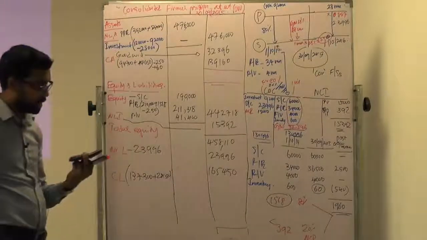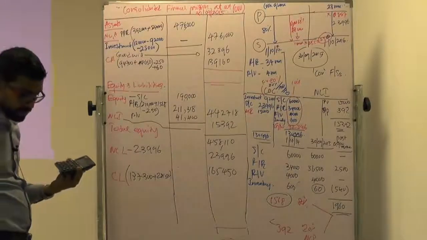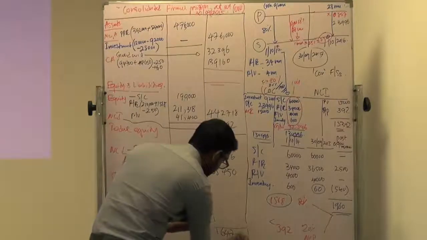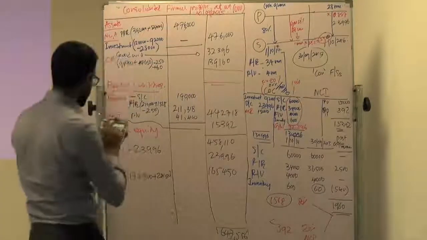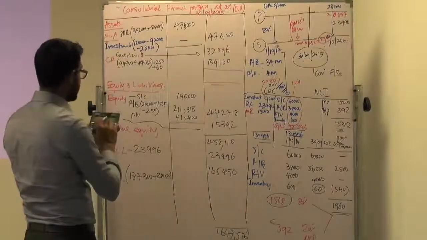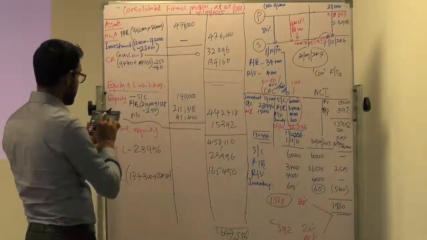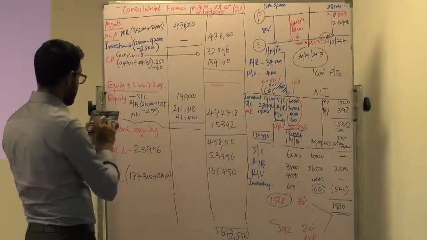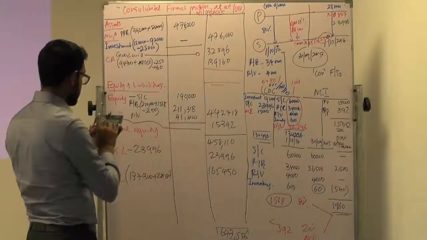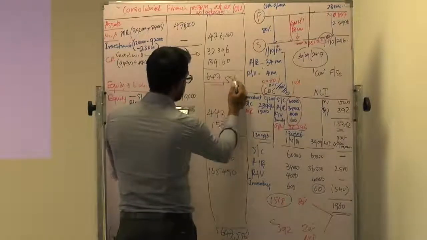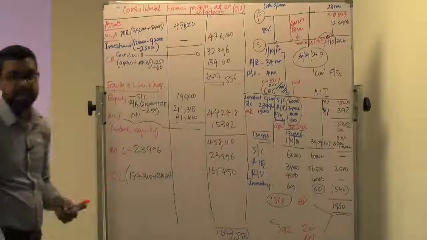Balance sheet should tally: 647,556. 647,556. Asset side 476 plus 32,396 plus 139,160,400, 647,556. Done. So balance sheet is tally.